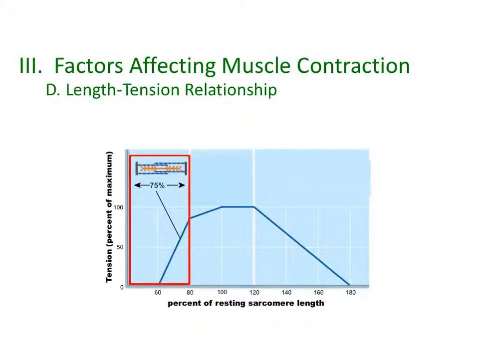So when muscle fibers are shortened, so if basically the antagonistic muscle is pulling things too closely together, so this is less than 80% resting length, what you get is interference between the actin filaments.